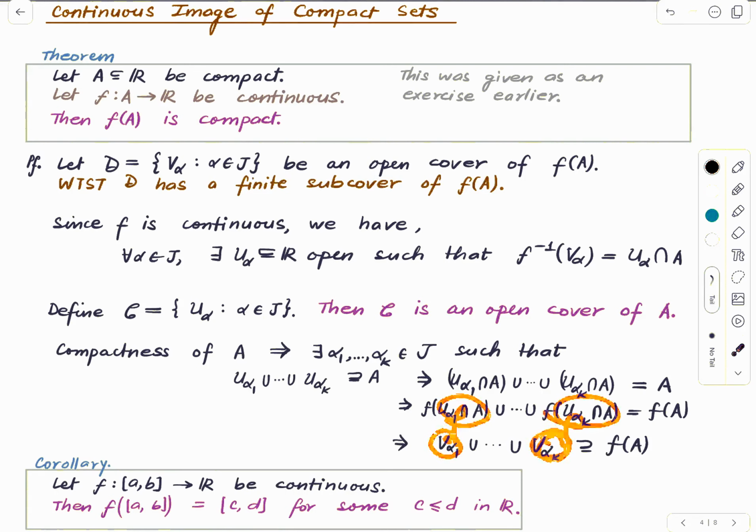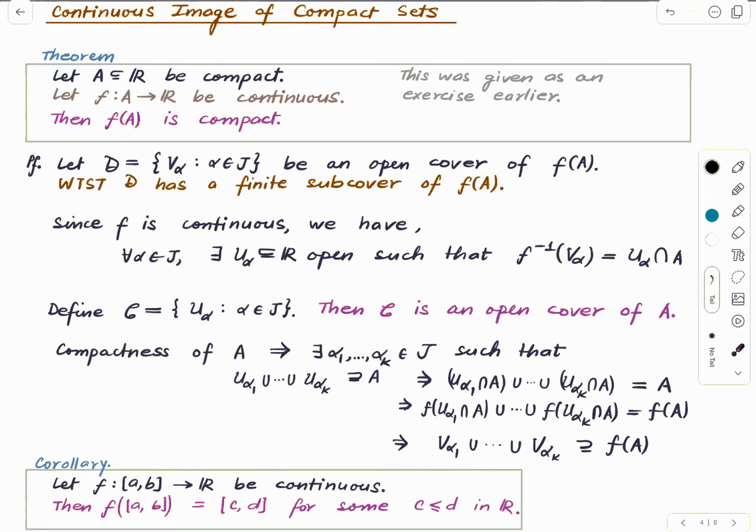So this whole thing is contained here, but this whole thing is equal to that. So this thing is contained there. And we have located finitely many indices such that the corresponding V alphas contain f of A, and this is what we wanted to do. So that proves that f(A) is compact.